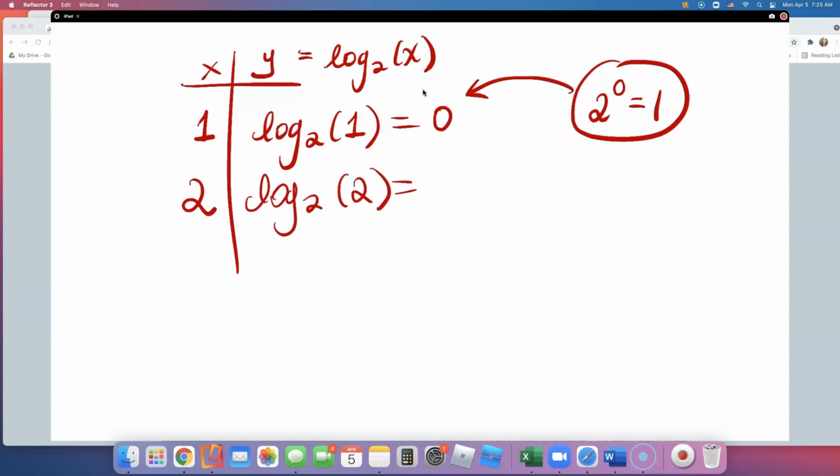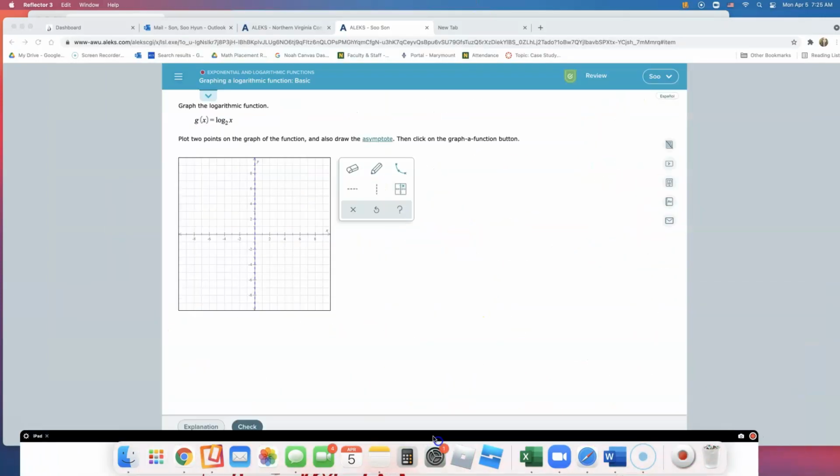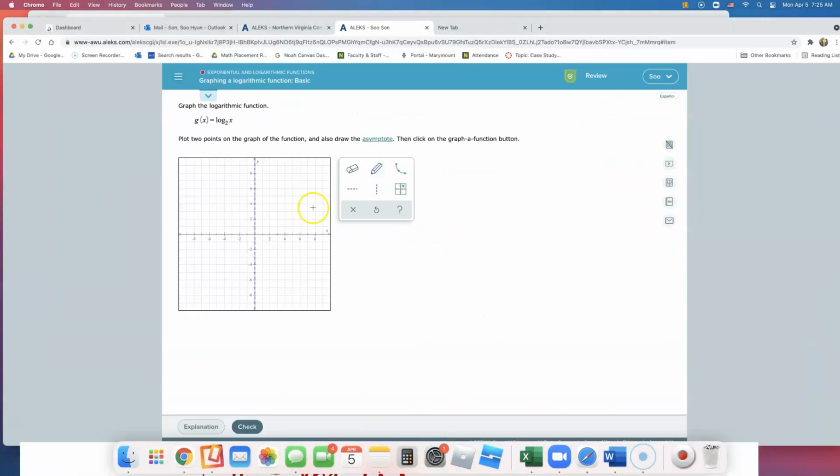Remember, if the log base and the argument are exactly the same, then the log expression turns into 1, because 2 to the first power is equal to 2. Now I'm going to plot (1, 0) and (2, 1) to graph this function.